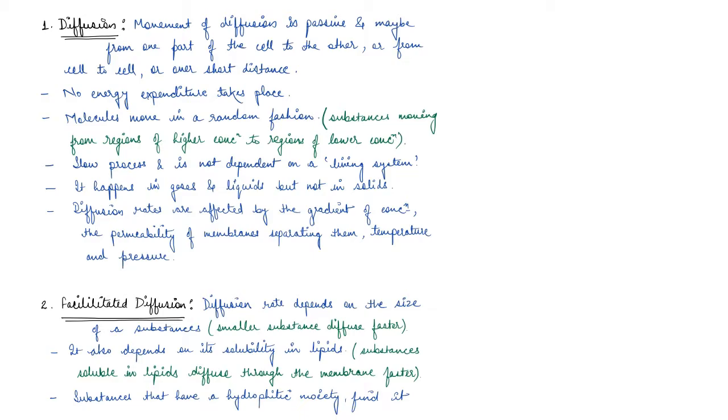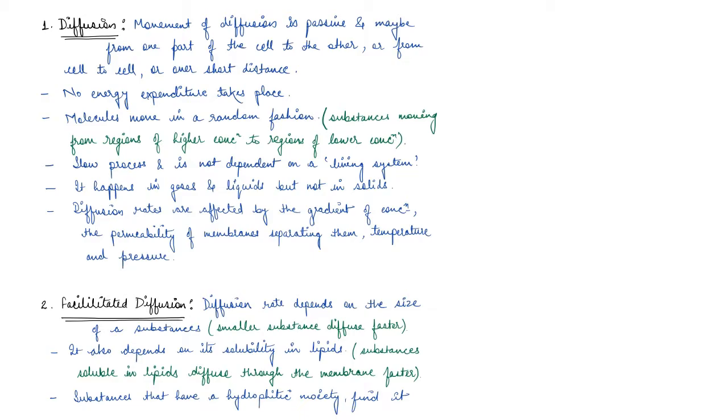Now where does diffusion happen? It happens in gases and liquids, but diffusion in solids is very difficult. Usually, short distance movement, within a cell or cell to cell, happens through diffusion without using any energy for gases and liquids.